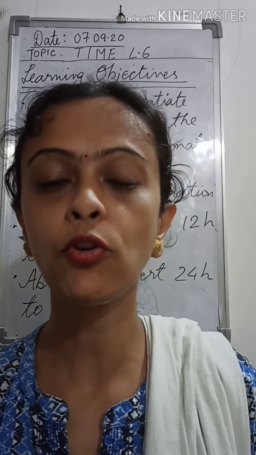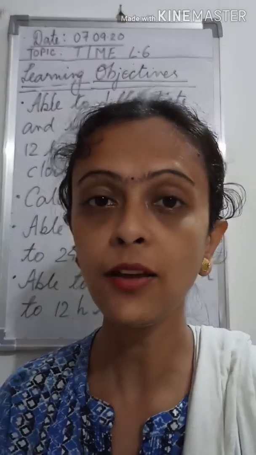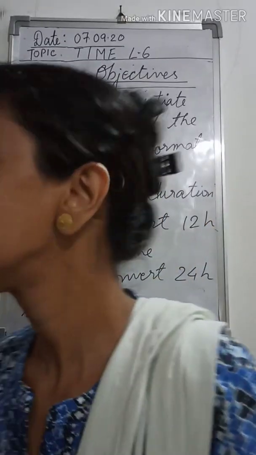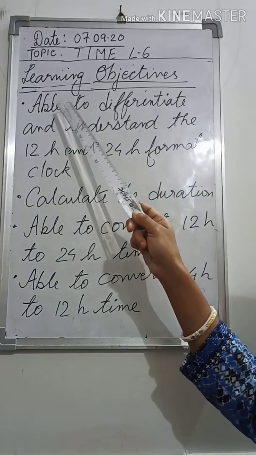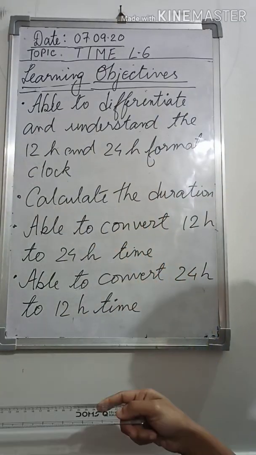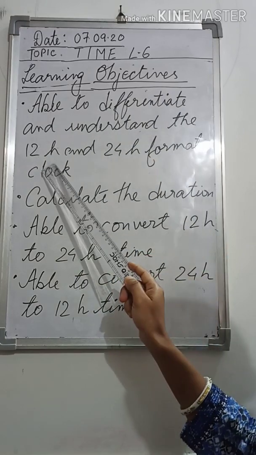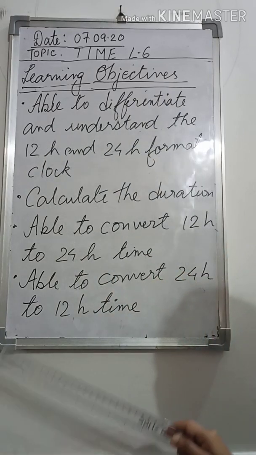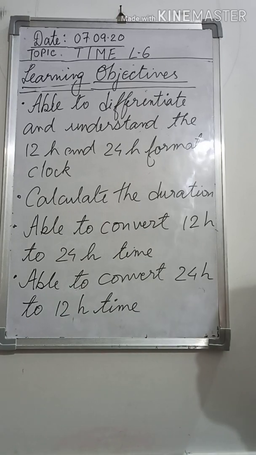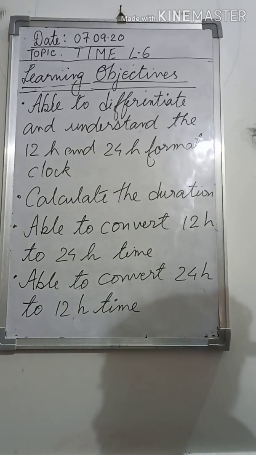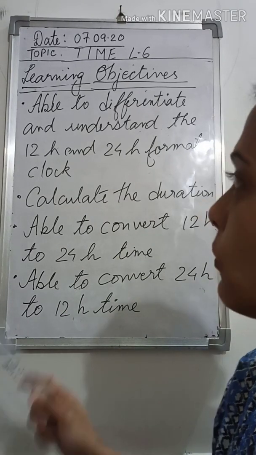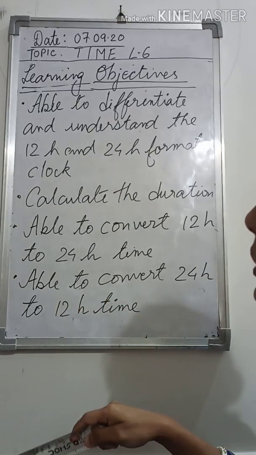Before I go for that part, let me see what the learning objectives are. The first learning objective of today's class is that you can differentiate and understand the 12-hour and 24-hour format clock. There are two ways of reading the clocks: one is the 12-hour clock, one is the 24-hour clock.